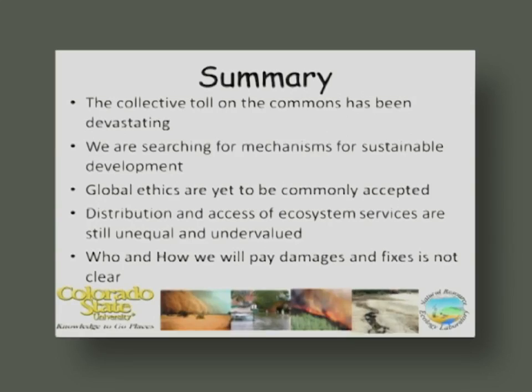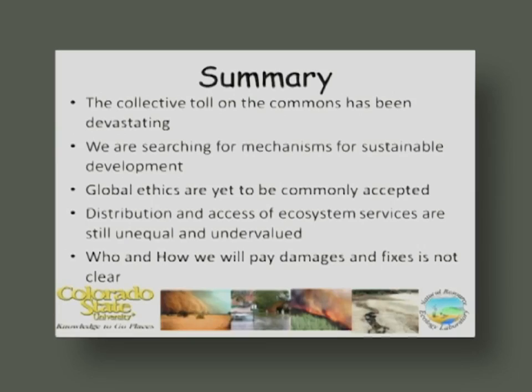So in summary, we really need to figure out a way to reverse this impact, because we're seeing the collective toll around us. We're seeing the Earth system unravel, yet we're not taking the appropriate actions. So what are the mechanisms for sustainable development? How do we not only find the solutions, but also find ways of implementing them? Can we develop a global ethics so that these goals can be met?